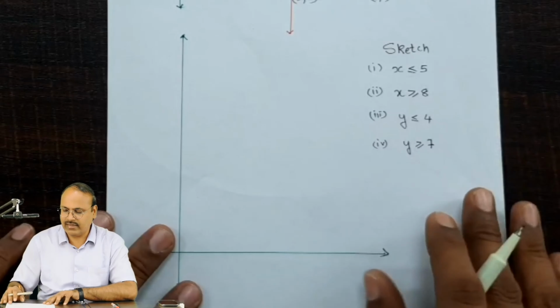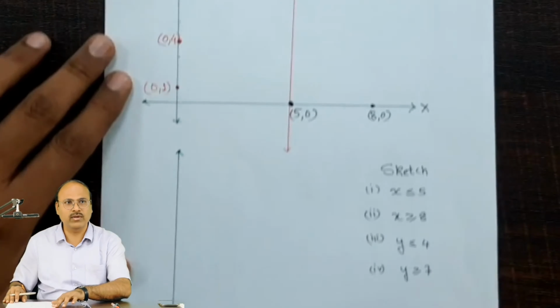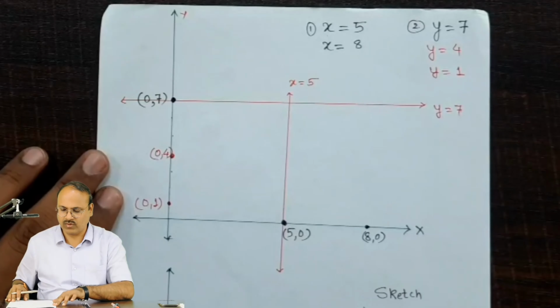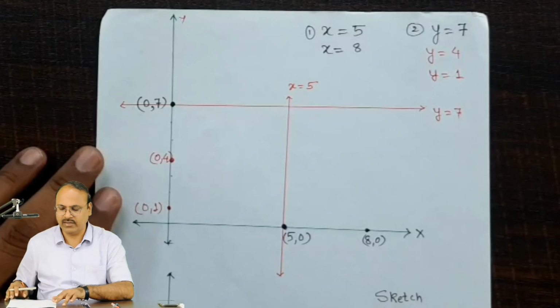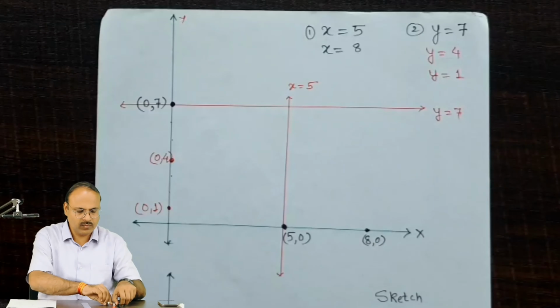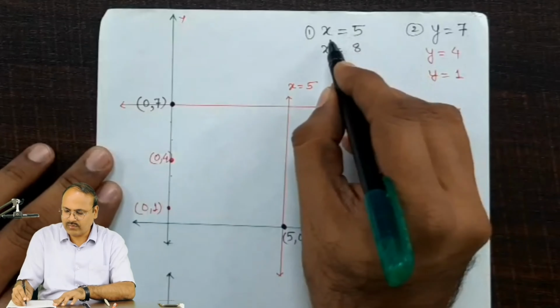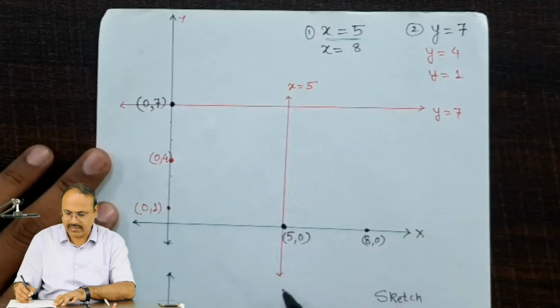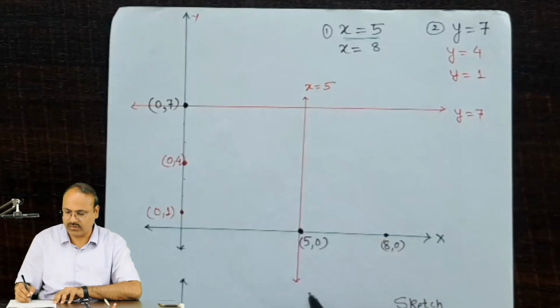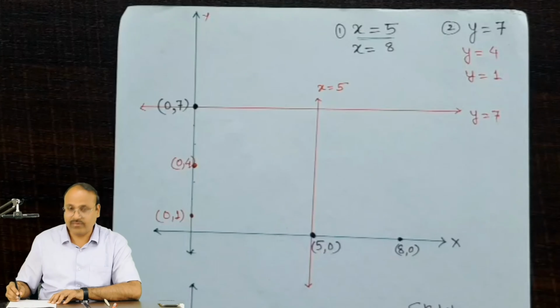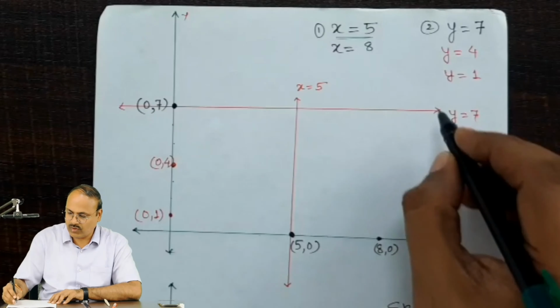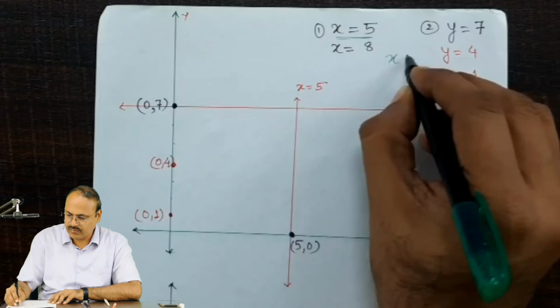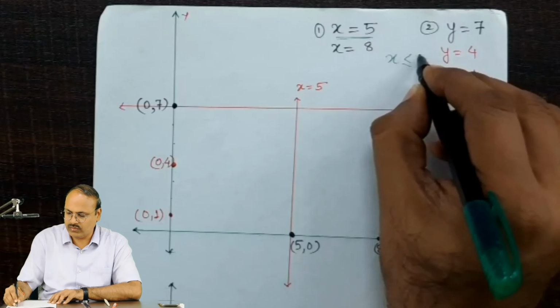The first thing is, let us go back. In the previous video lecture we have seen the graph of the line x equal to 5. We have already seen how to draw the line x equal to 5, and this is the line x equal to 5 as you can see on the graph paper. What we have to do is draw the graph of x less than or equal to 5.